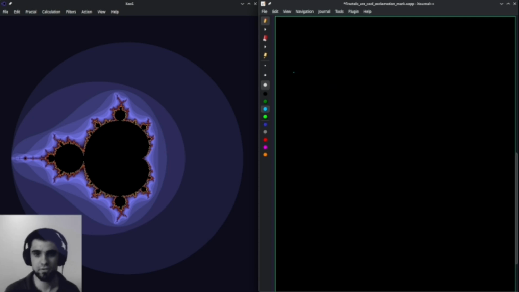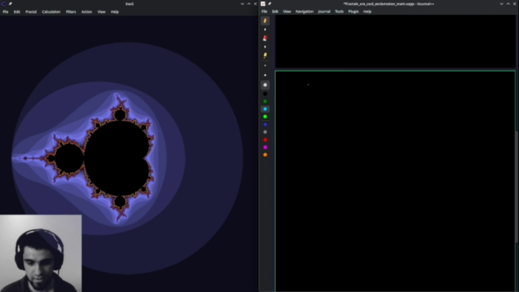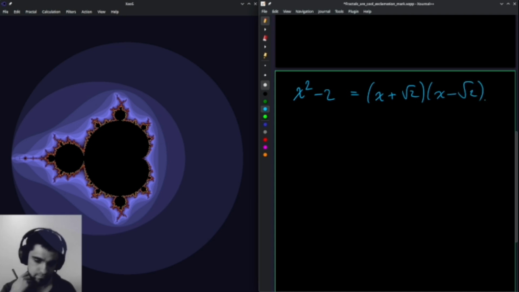Complex numbers, on the other hand, try to solve a problem with real numbers. In the real numbers we can split some polynomials. So x squared minus 2, we can split into x plus the square root of 2 times x minus the square root of 2. This is some splitting that we can do in R, but we cannot do it over the rational numbers.